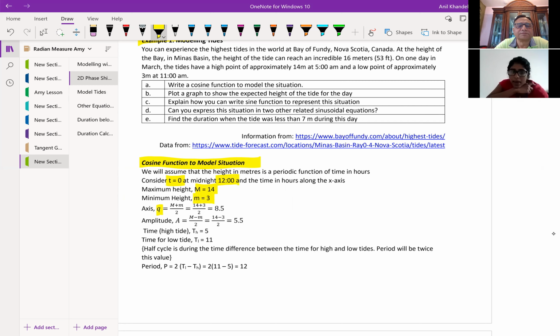The axis is capital M plus small m divided by 2, which we got as 8.5. The amplitude is capital M minus small m, 14 minus 3, divided by 2, which gives 5. Then to get the time, you look at the high tide, which is at 5 hours.